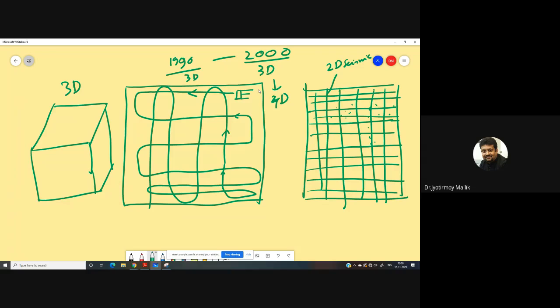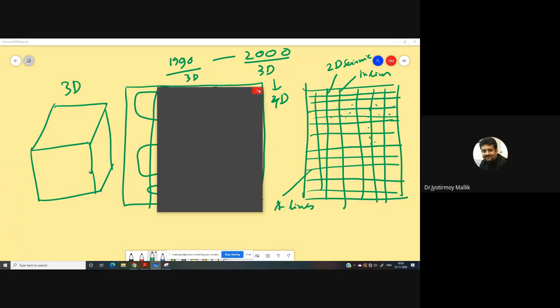Okay. So these 2D lines are called inlines, and then the perpendicular ones are called cross lines. Inlines and cross lines. So how many inlines and how many cross lines do I want to take to generate an optimum 3D data, so that I optimize the data quality as well as the cost.